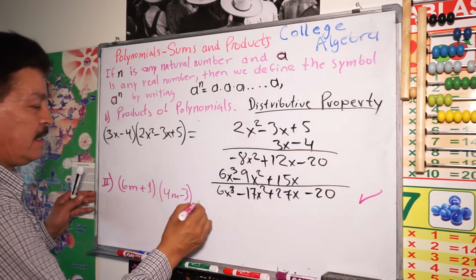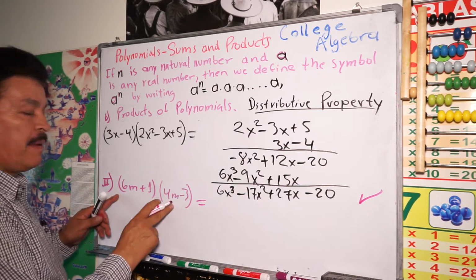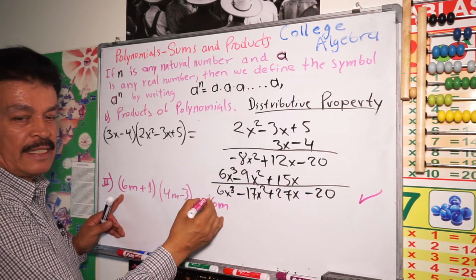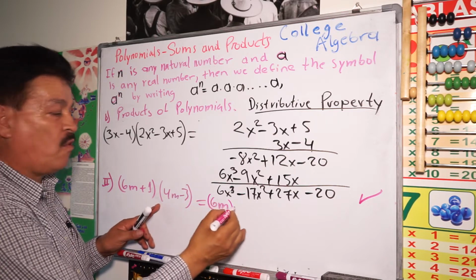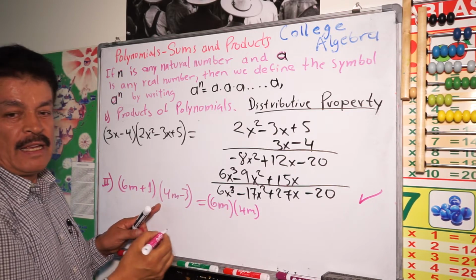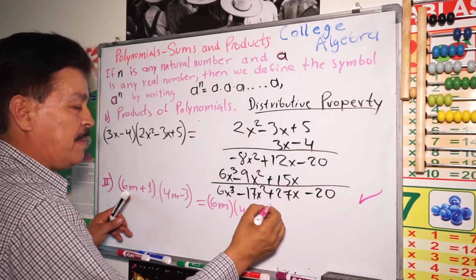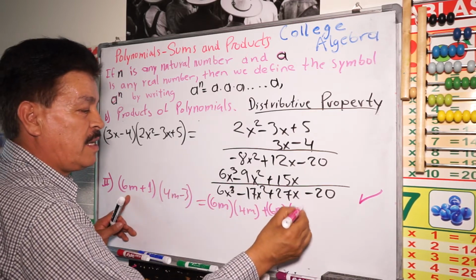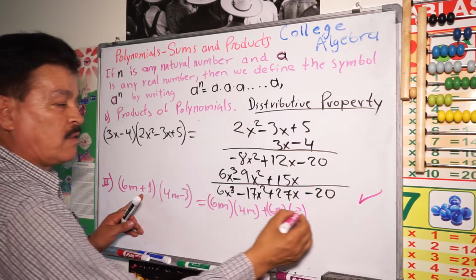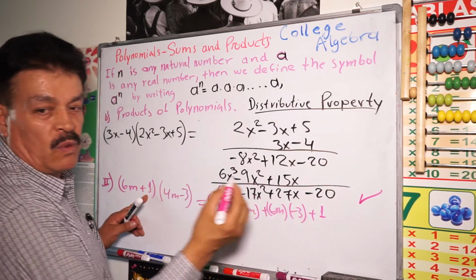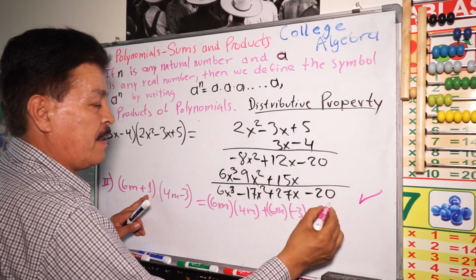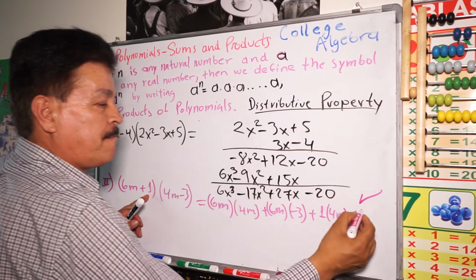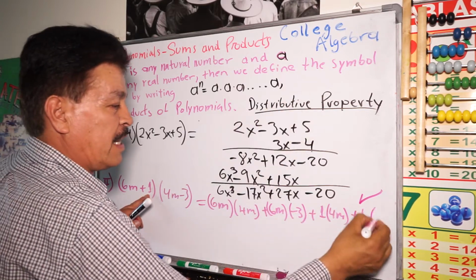This is going to equal, just multiply one by one using the distributive property. 6m times 4m, plus 6m times negative 3, now plus 1 times 4m, plus 1 times negative 3.